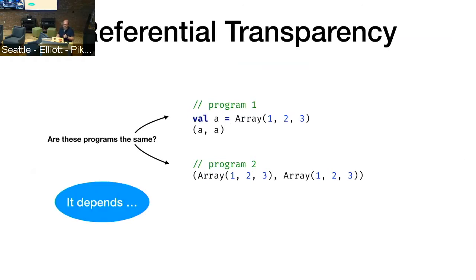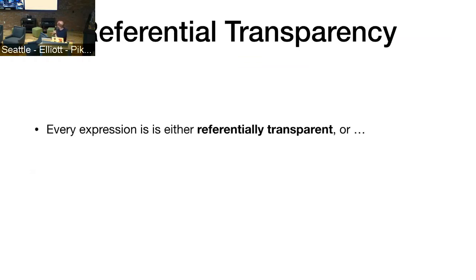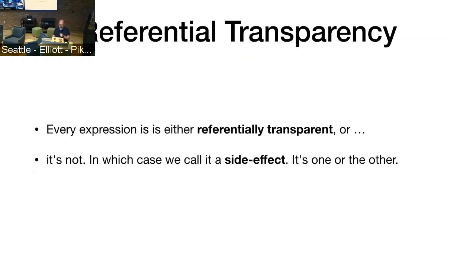All right, so let's review. Every expression is either referentially transparent or it's not, in which case we call it a side effect. Okay, it's either one or the other. So that's the definition of what a side effect is. It's just the absence of referential transparency.